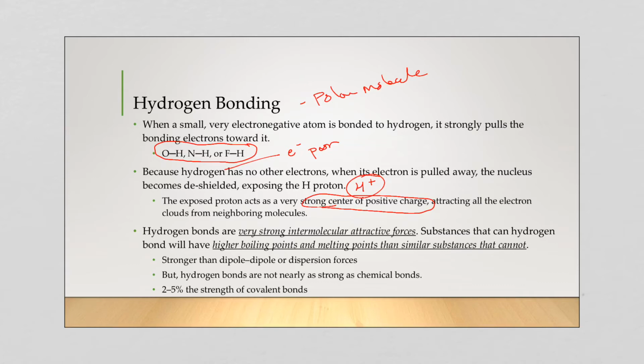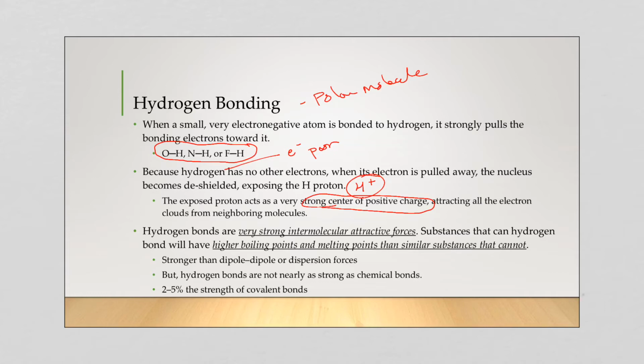So if we're ranking these, dispersion forces generally are the weakest. Then we have dipole-dipole. Then we have hydrogen bonding. As long as we're comparing molecules that have similar mass, we can use these criteria.